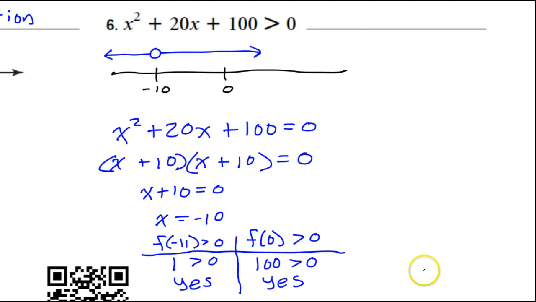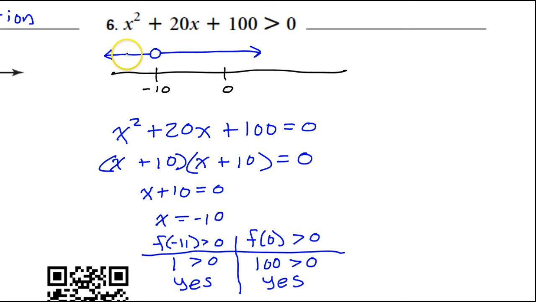Now, how to write this in interval notation? Notice that we can't just say -infinity to +infinity, because there's one crucial value that is not a solution. -10 itself is an open circle, because it's not a solution there. It's equal to 0 there, not greater than 0. So we will have to write two separate intervals.